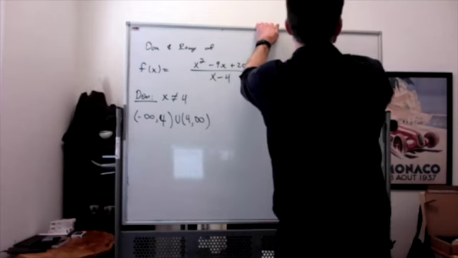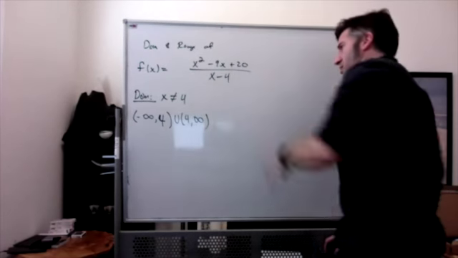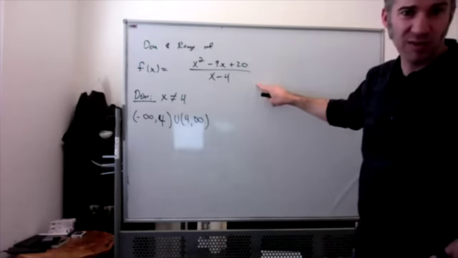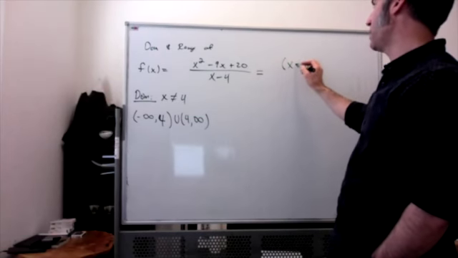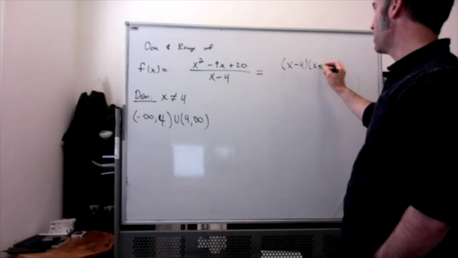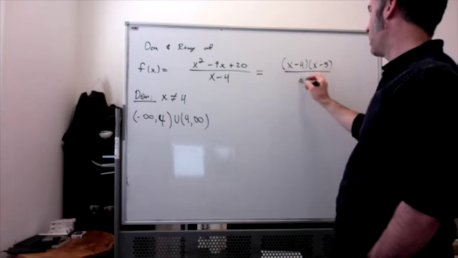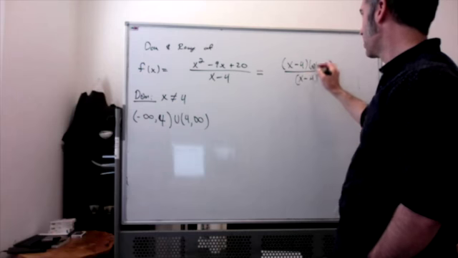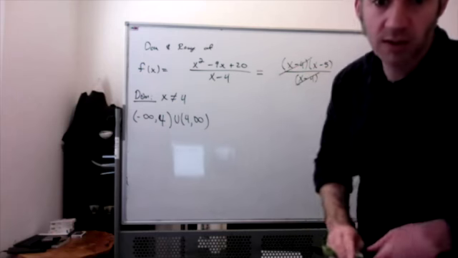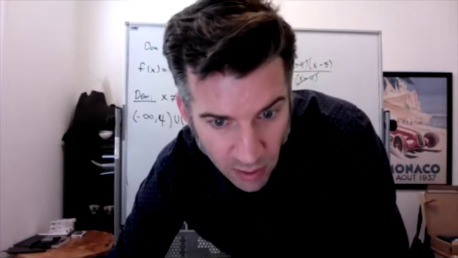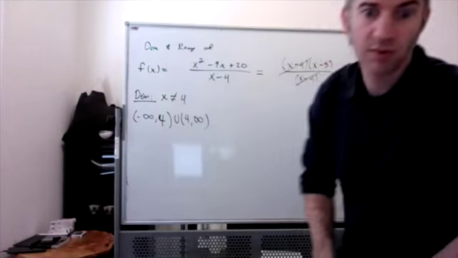What we should do instead, before we really get into any of this, is see if this simplifies. And this does simplify. This factors as x minus 4 times x minus 5 over x minus 4. These cancel.